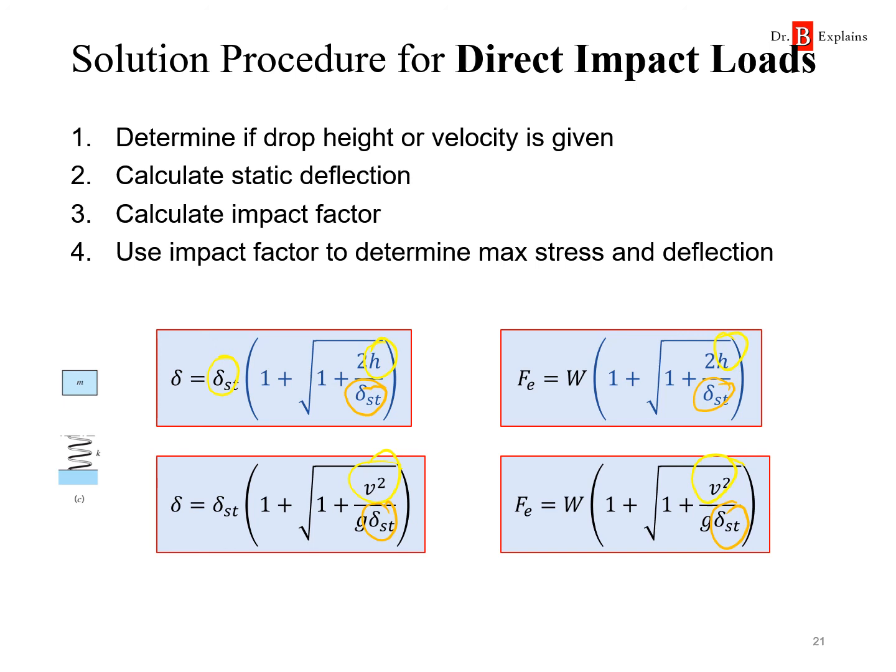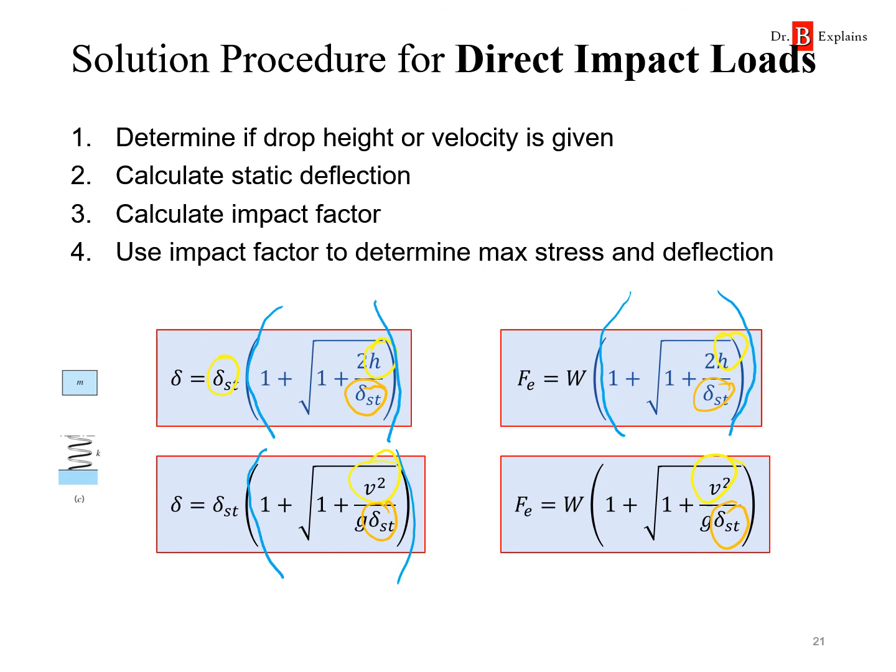That's the static deflection. Once we have that, and we know if we're working with heights or velocities, we can go ahead and calculate the impact factor, which is the quantity inside the parentheses.